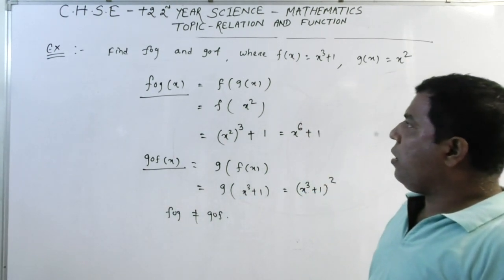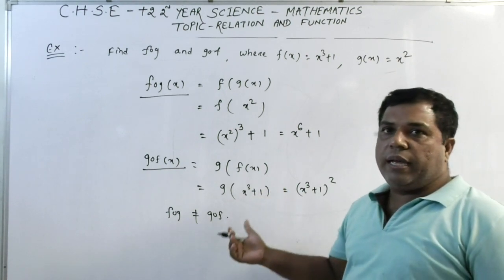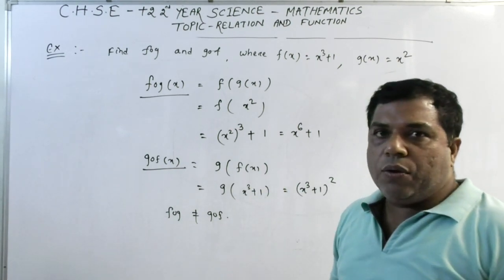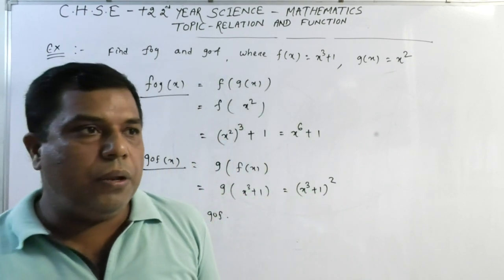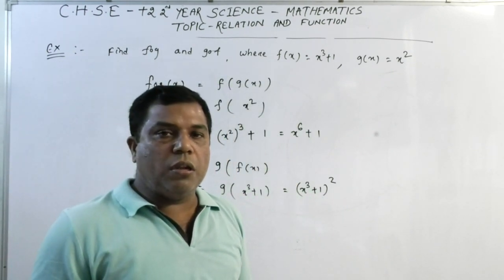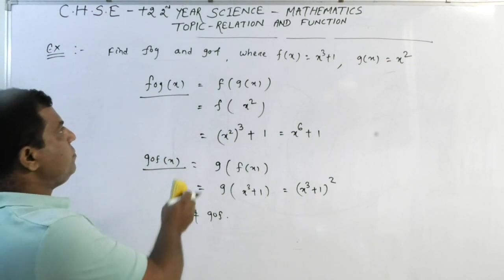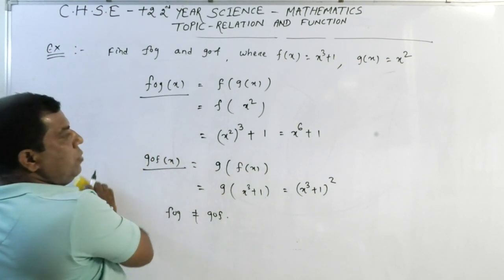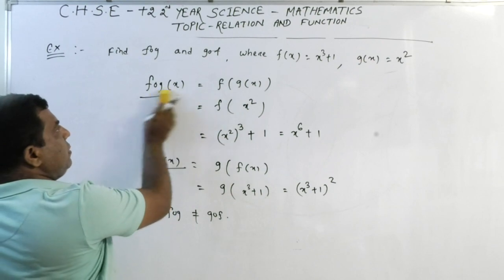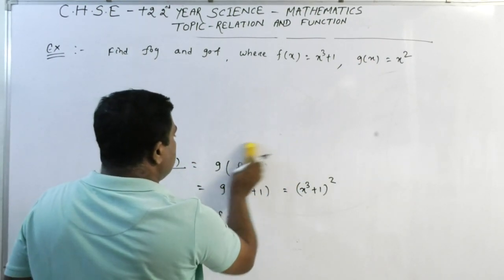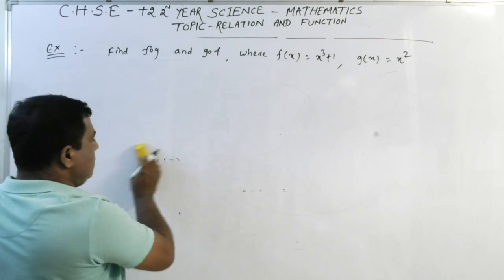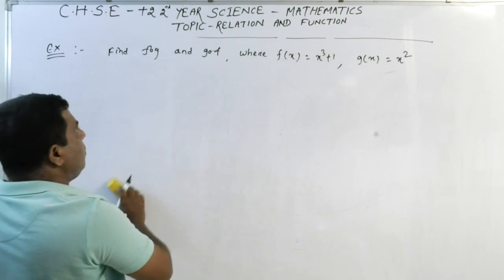Next we go for another example, and I hope you can find this type of composition values. So I am cleaning this one. Suppose we change the functions, and we will go for another example.